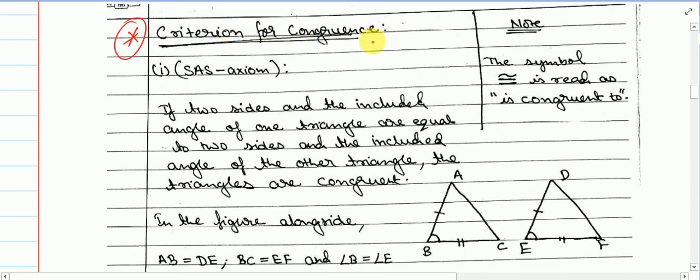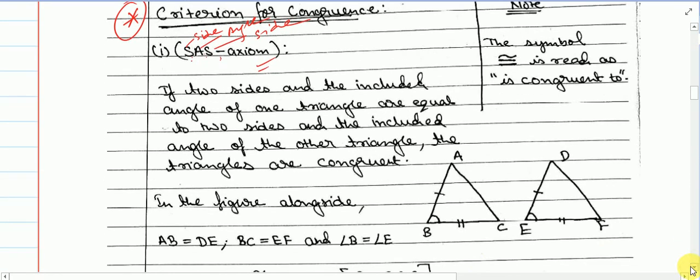Criterion for congruence. Number one, side angle side. In short we write SAS, but it is side, this is angle, and this is side. Side angle side axiom. So two triangles will be said to be congruent if this is satisfied.